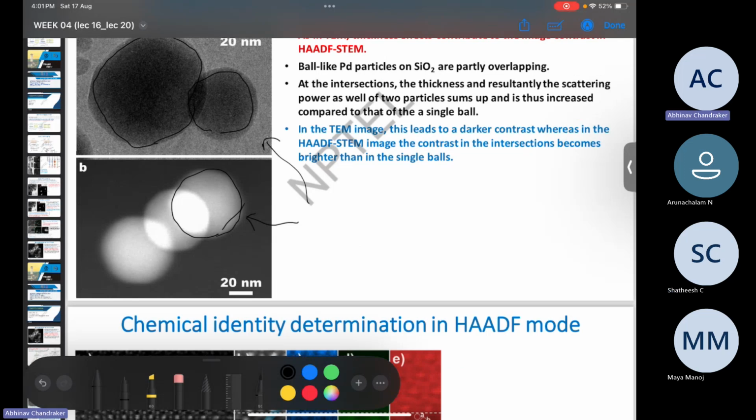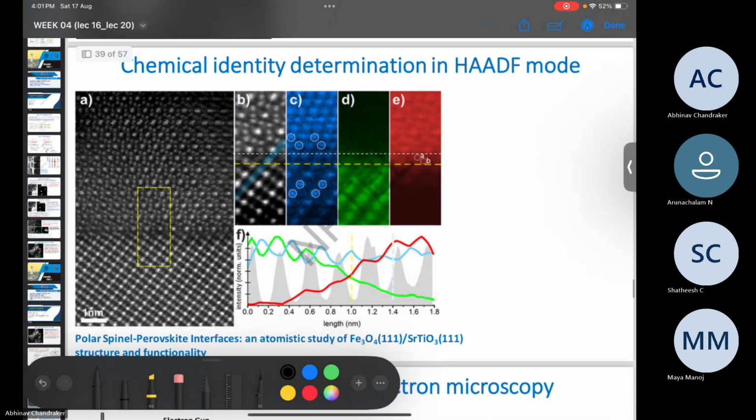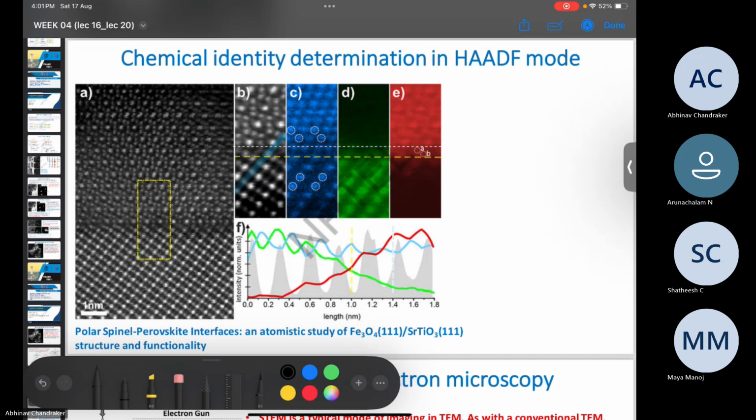It will be much easier to see these particles which have higher atomic number elements using HAADF compared to using TEM. This can also be used to determine the chemical identity of your phases.